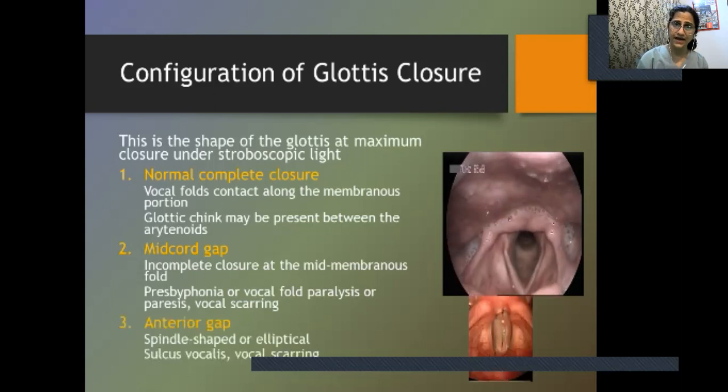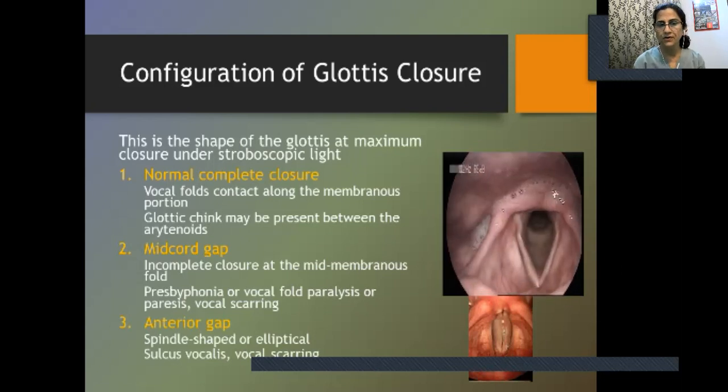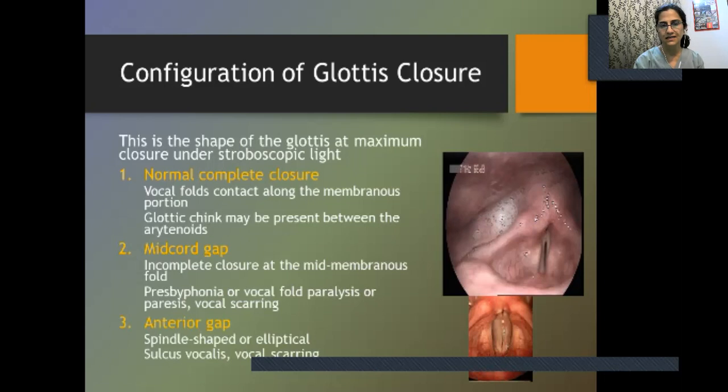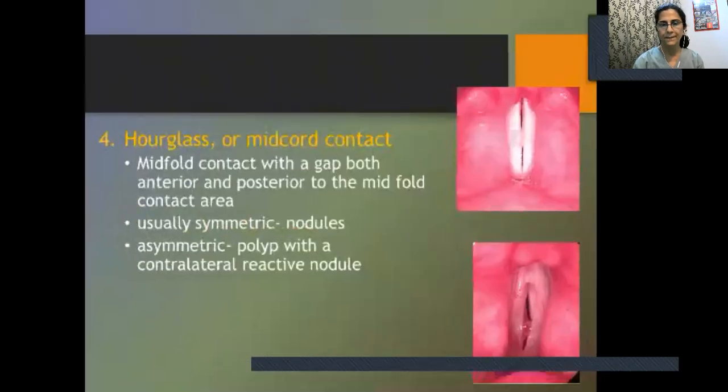Or you can have anterior gaps, which can be either spindle shaped or elliptical, typically seen in sulcus or vocal fold scarring. Midfold gaps are seen in vocal fold nodules. They can be symmetrical in nodules, or asymmetrical when you have a polyp and a corresponding contralateral reactive nodule.